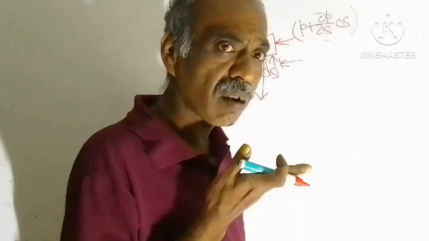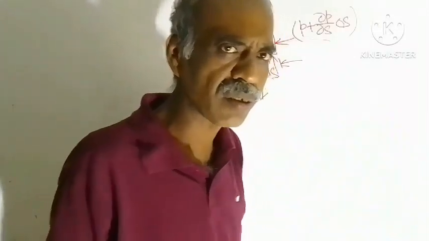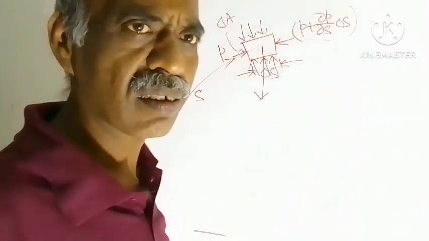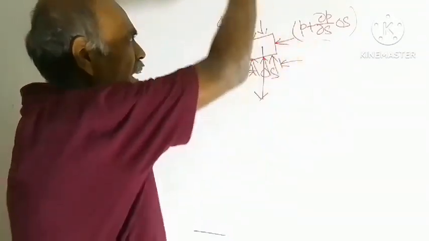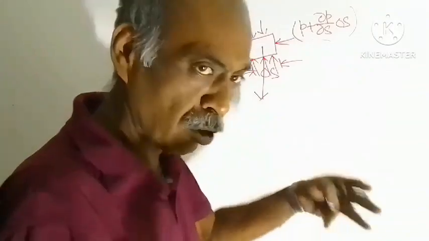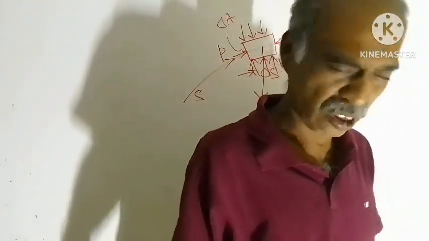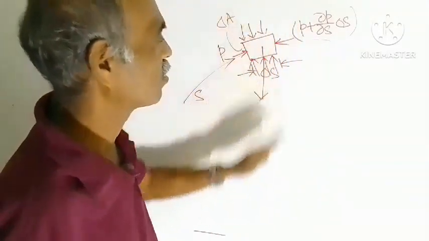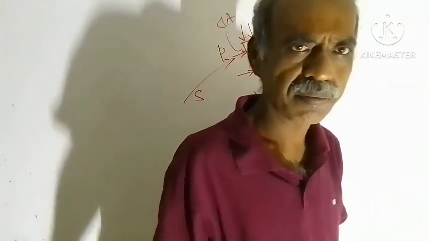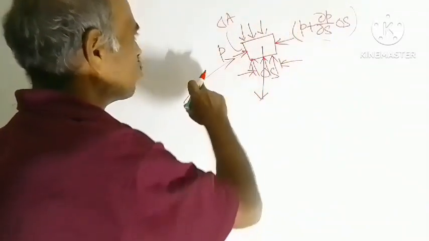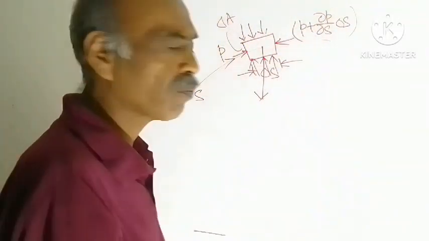We are going to derive the equation along the axis of the cylinder, so these directions are perpendicular to each other. There will be no effect of these forces in the direction of motion that we are considering here, so you need not consider these forces. You need to consider only the forces along the direction of the flow.